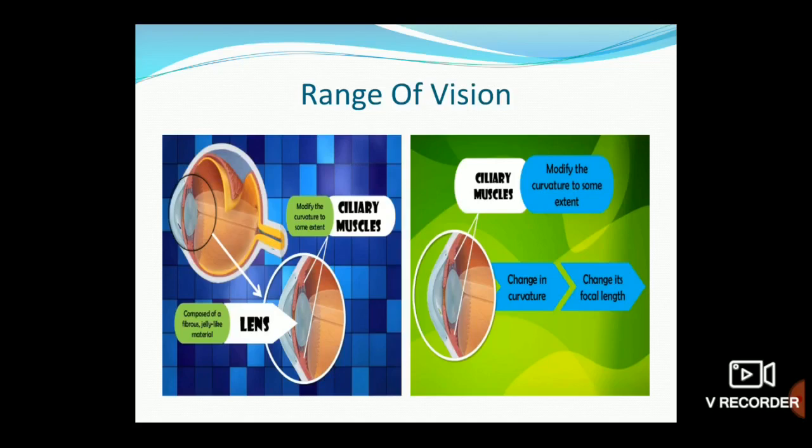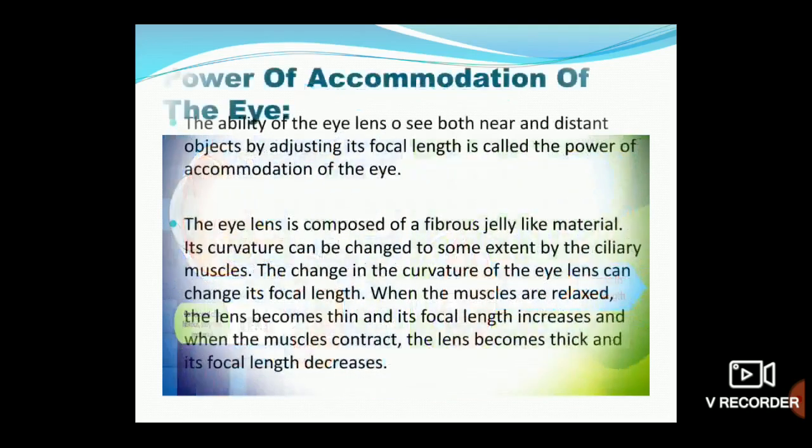Our eyes are a wonderful gift given by God, an optical instrument with which we can see distant objects and also nearby objects with almost the same clarity. This mechanism is possible by changing the shape of the eye lens and the focal length with the help of the ciliary muscles.